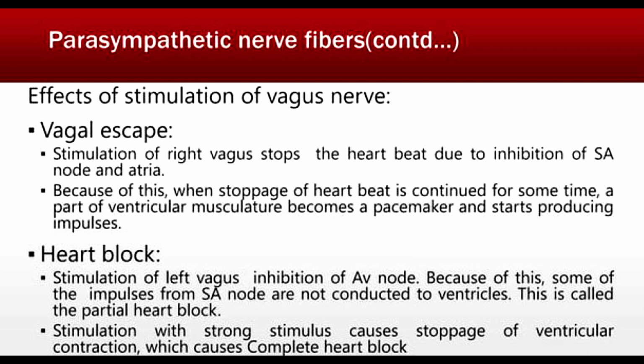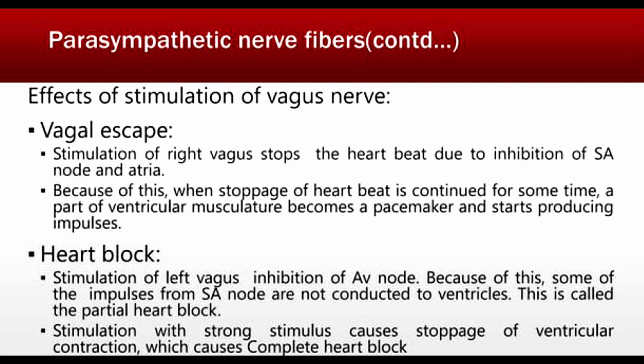When the stoppage of heartbeat continues for some time, part of the ventricular musculature becomes a pacemaker and starts producing impulses. Heart block: stimulation of the left vagus causes inhibition of the AV node.